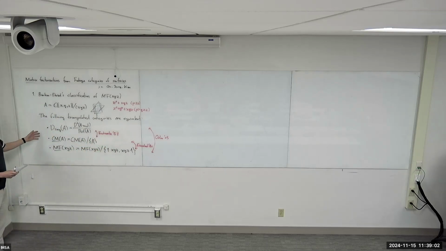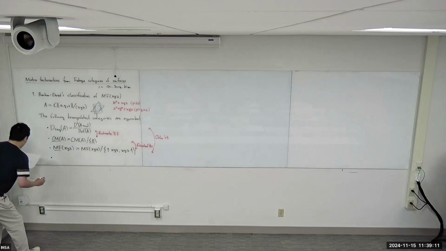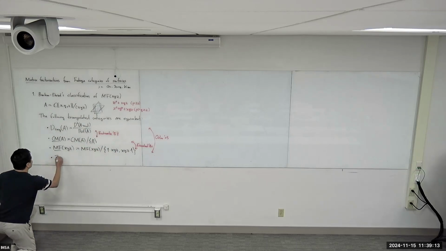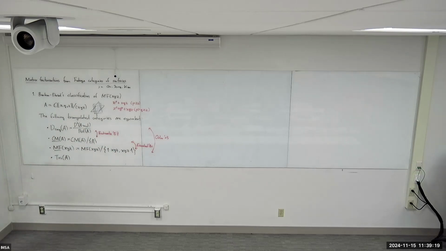So they are all traditionally important categories, and to classify objects here, Burban-Drozd introduced a new category called the category of triples, which I will give some elements of later.